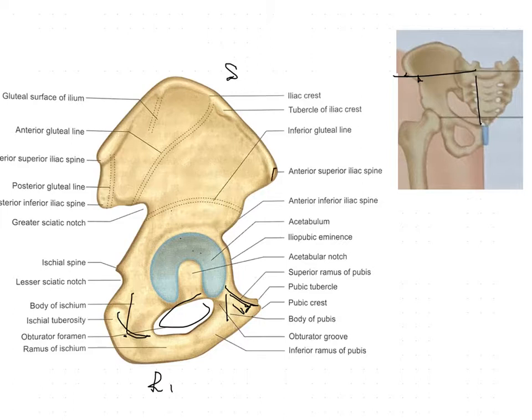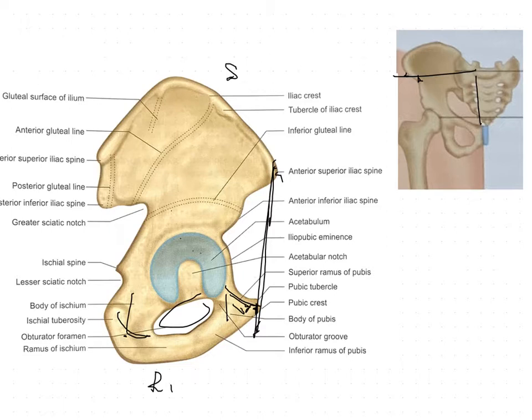That means these two are present in the same vertical line. If you place this hip bone against the wall, the anterior superior iliac spine and the pubic symphysis will be in the same vertical plane. So this is the anatomical position.